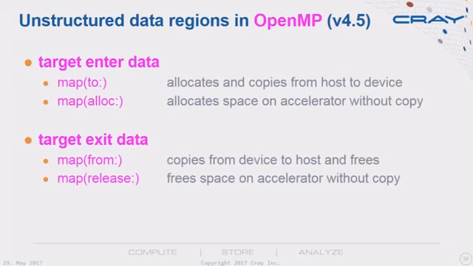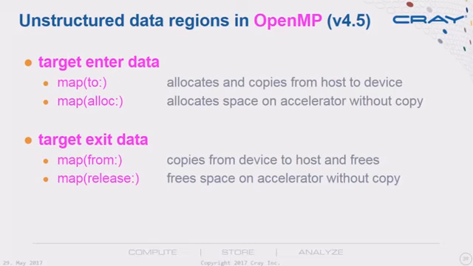As an example in OpenMP, you just specify target enter data for the beginning of the data region and target exit data for the end of the data region, and you separate that for the different variables. This is in contrast to the structured data region we had before, where we say we have a data region for our array A, which is then maybe just copied back.